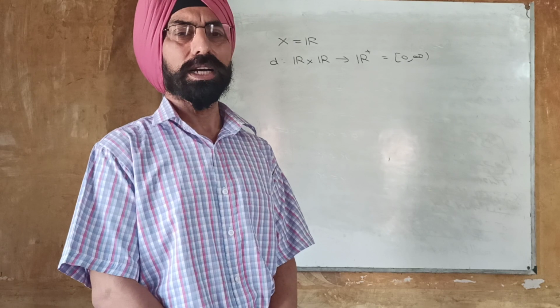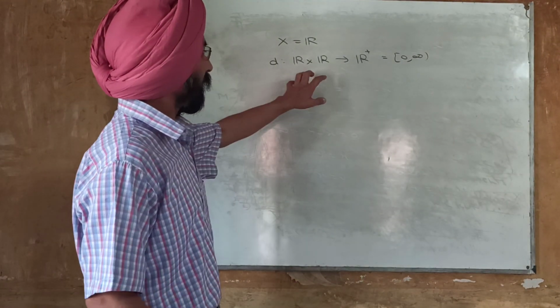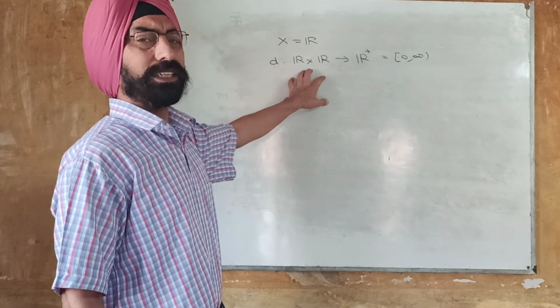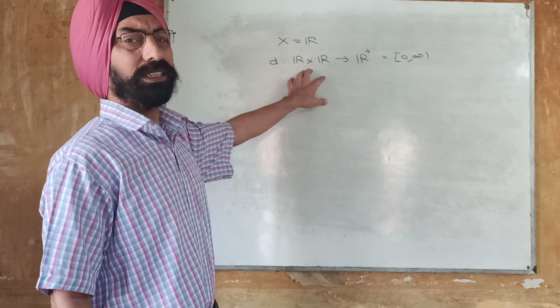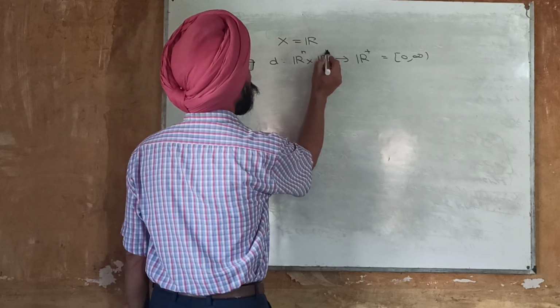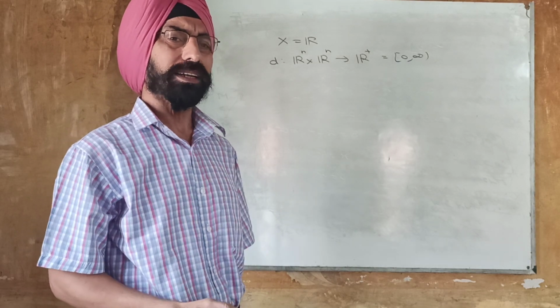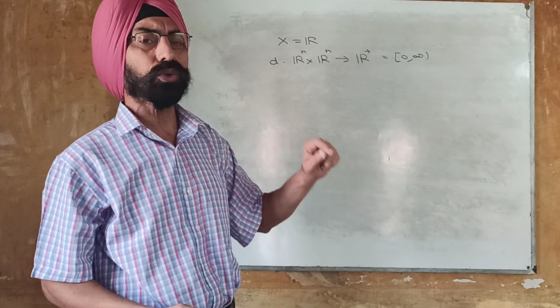Now we move on to the other examples. The next example, from R we can move on to the Euclidean space of degree n, that means R n. First, what happens if we take R square?